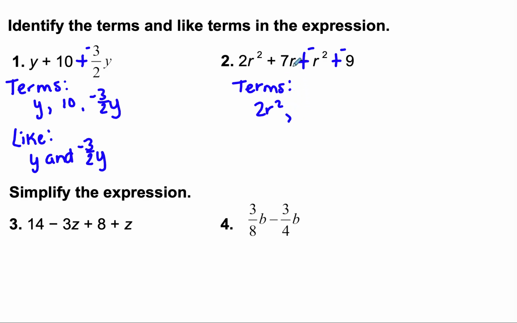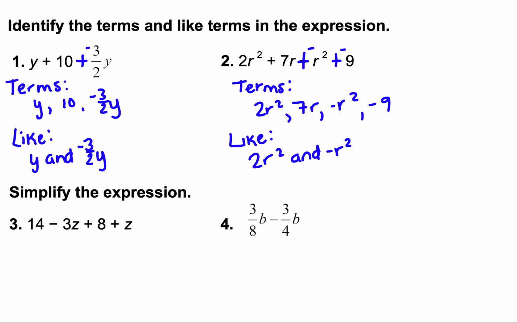I need to keep the order the same and just replace those addition signs with commas. All right, 2r², comma, 7r, comma, -r², comma, -9. Okay, now I'm going to find my like terms. I've got 2r² and -r². And then that's it. I don't have any other like terms. So I guess I'm going to get rid of this comma. I don't really need it.